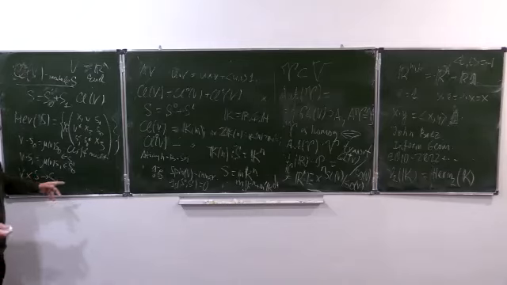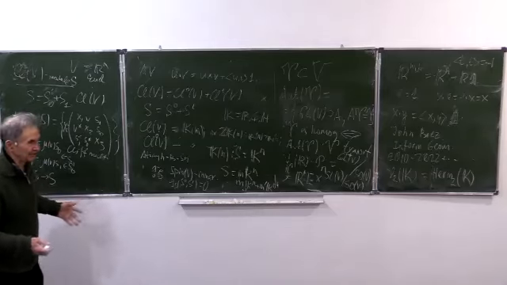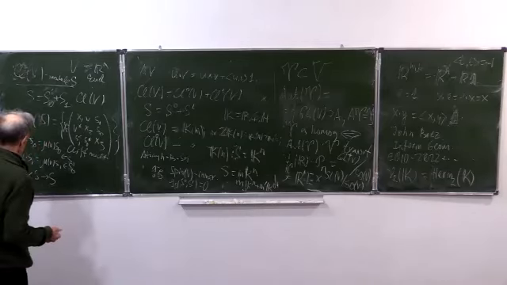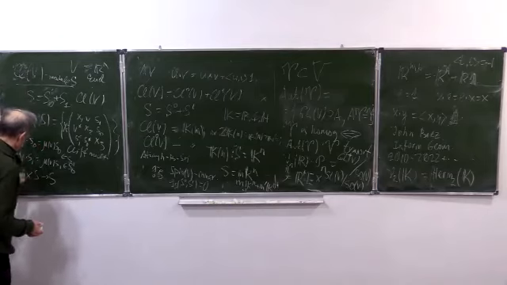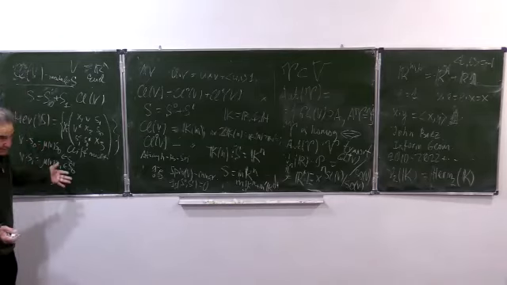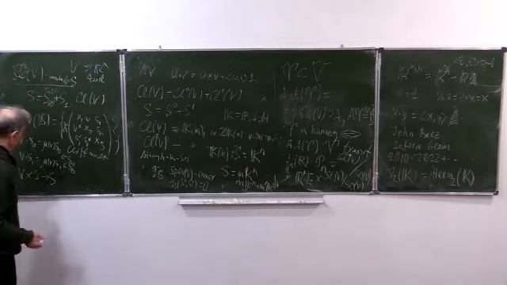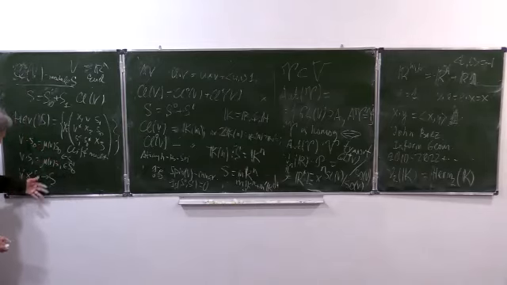It is called Clifford multiplication of a vector with a spinor. This is exactly what we need.